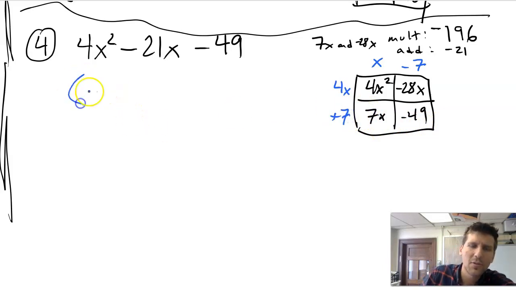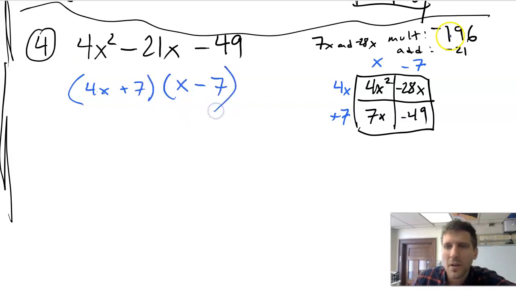So the factored form would be 4x plus 7 times x minus 7. So that's one where maybe this was not the best. Maybe you would have to list a lot of factors of 196 before you got there. Maybe you would try a number of things before you got to 7 and negative 28.